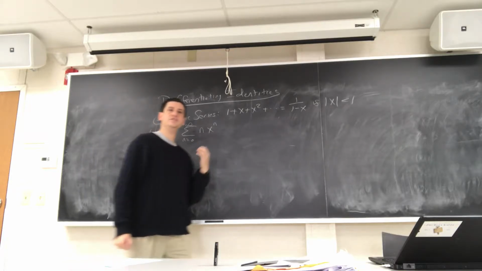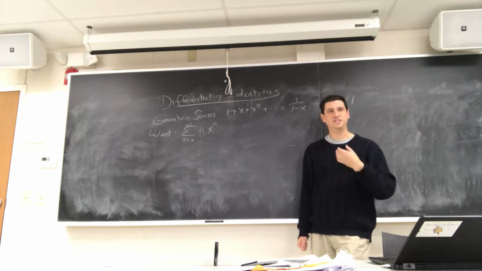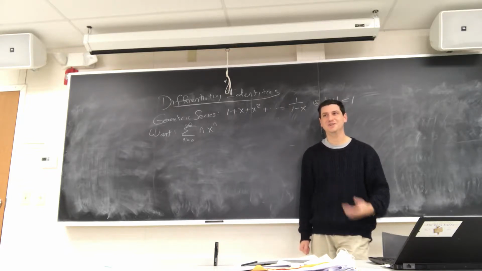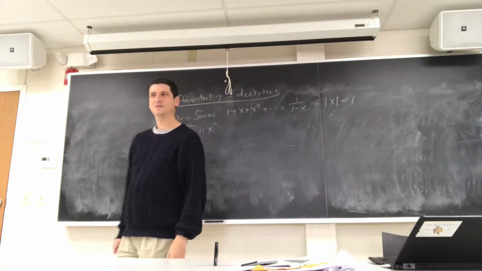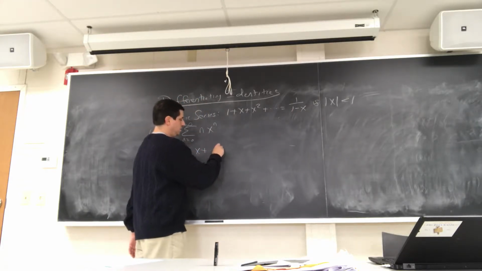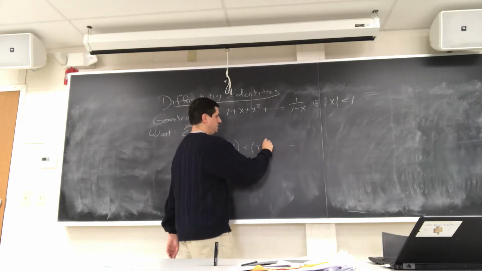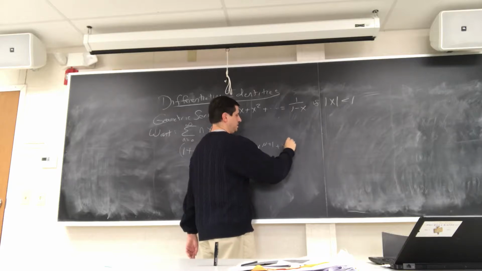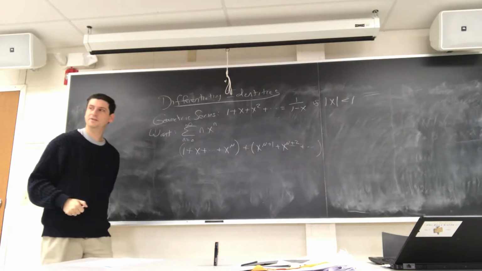Now, the geometric series has a truly remarkable, wonderful property. The tail of the geometric series is, so if we write 1 plus x to the n plus x to the n plus 1 plus x to the n plus 2, what can you say about the tail?